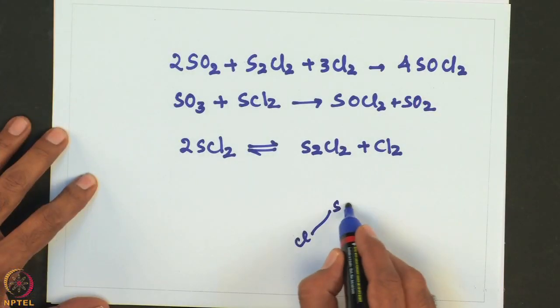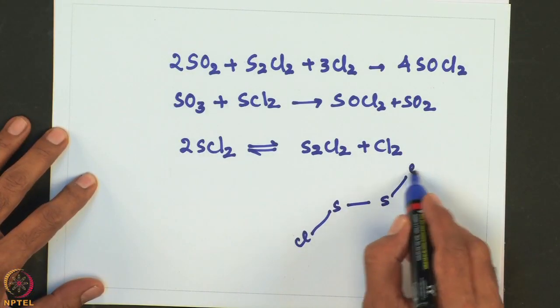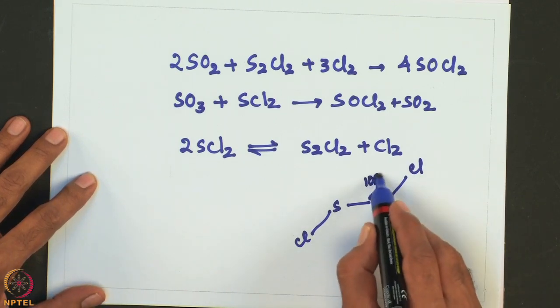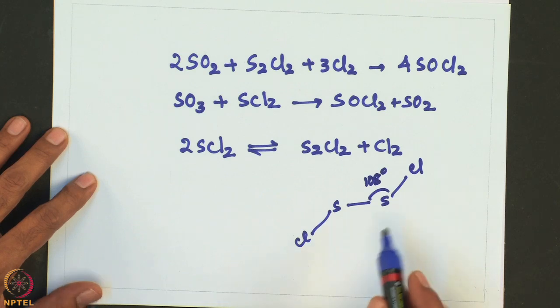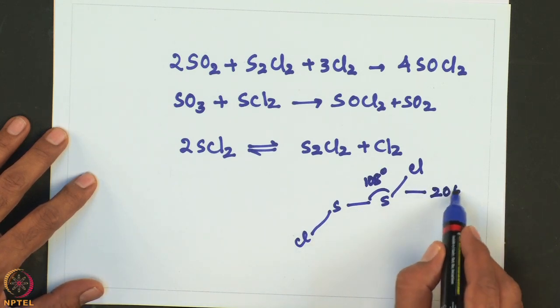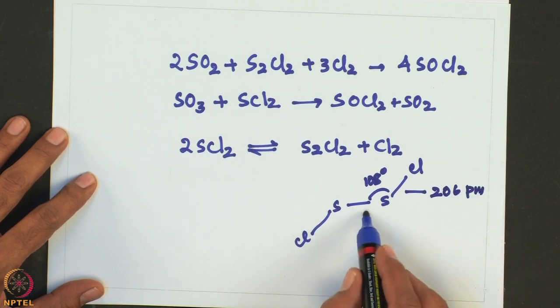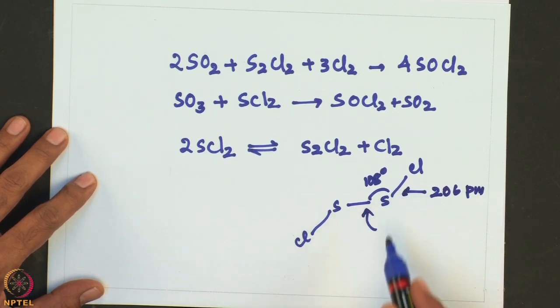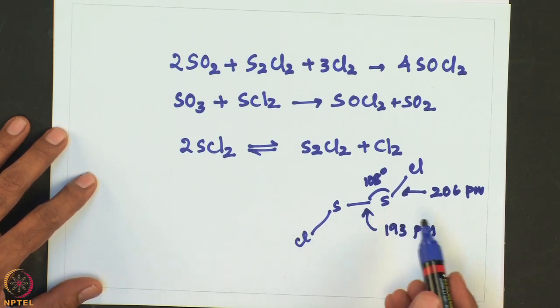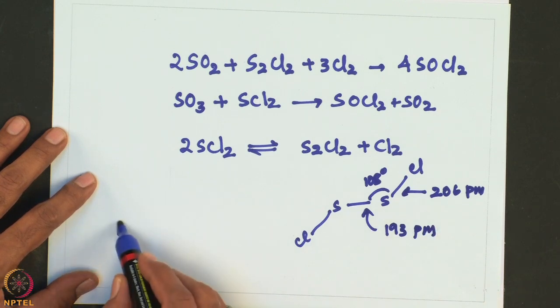I can write the structure here. For example, this angle is 108 degrees and this distance is 206 picometer, whereas the SS bond distance is 193 picometer. Of course, as I said, it is very similar to S2F2.